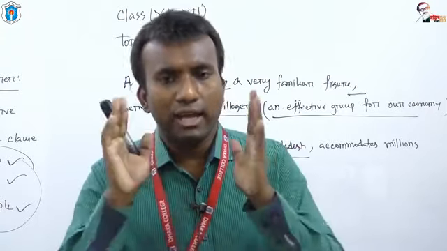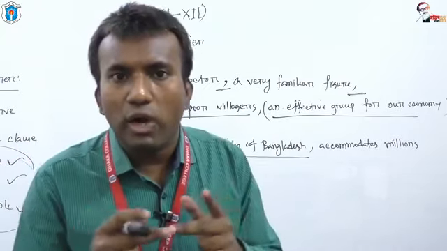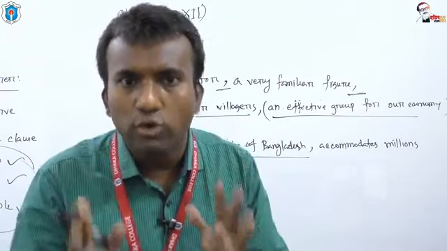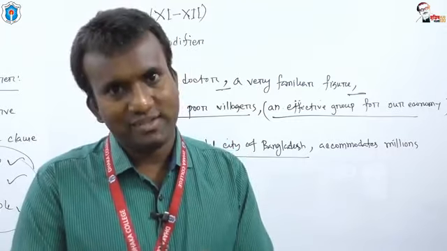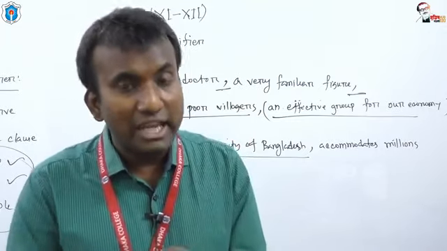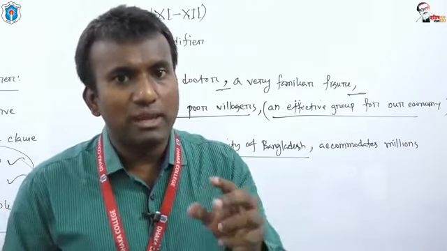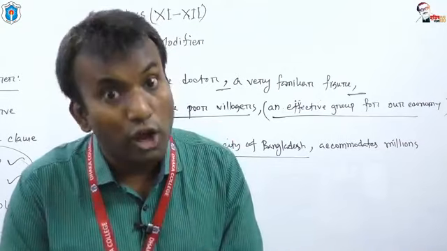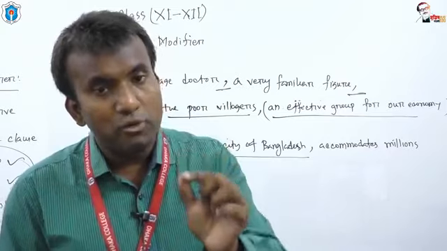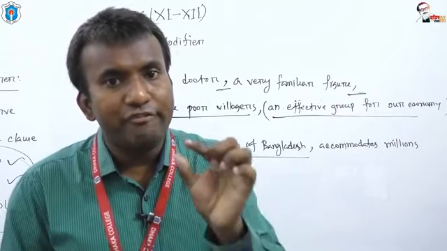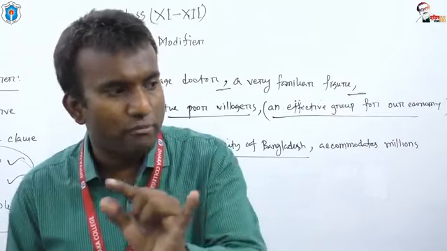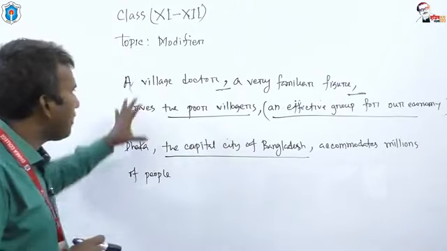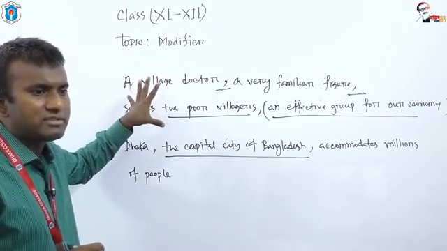In appositive, you are not allowed to use a clause. That means at the beginning of an appositive, you are not allowed to use a clause. That means appositive should be free from clause.